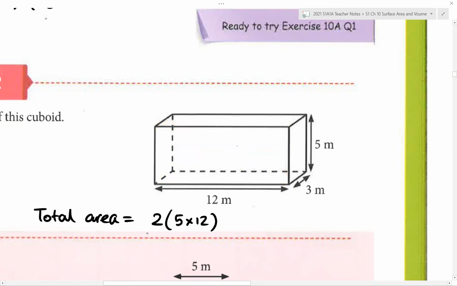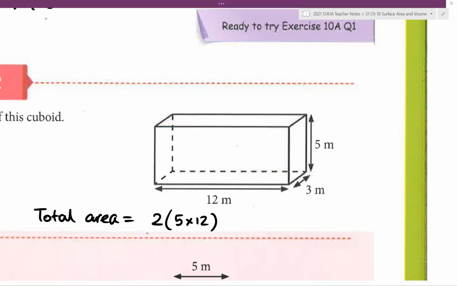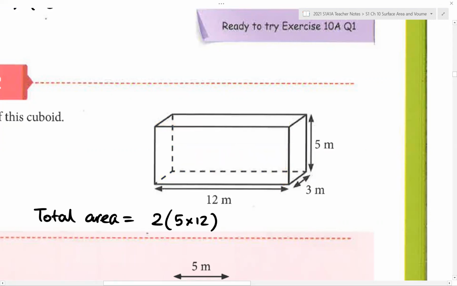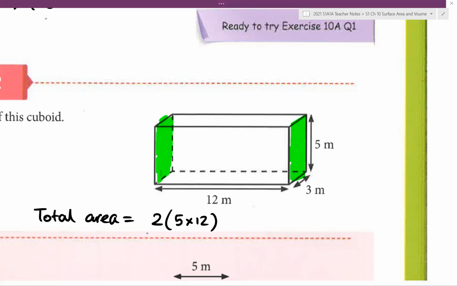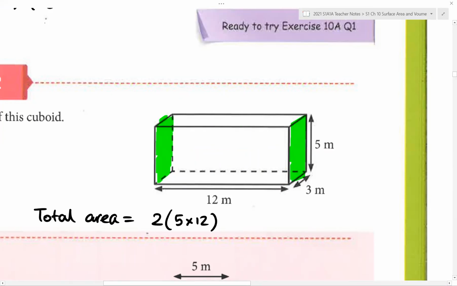I'm going to remove this. Now we have more rectangles. We have the ones at the sides. Okay, these 2 are the same, right? What is the area of the green rectangle? 5 times 3. And there are 2 of them. So we add 2 times 5 times 3. Okay, so far? And another 2 rectangles, where are they?